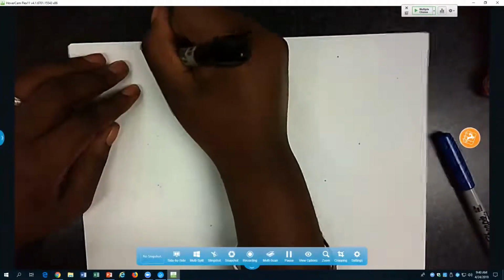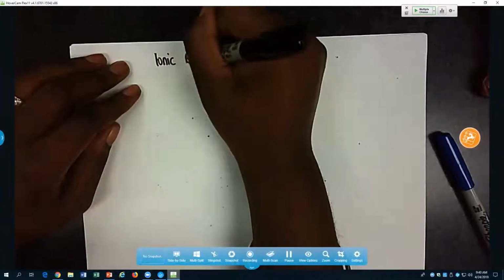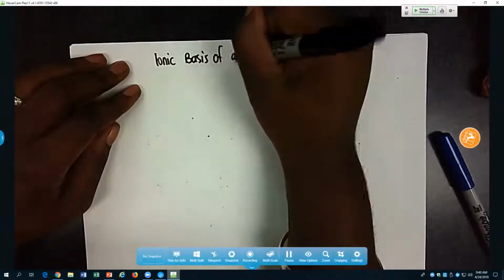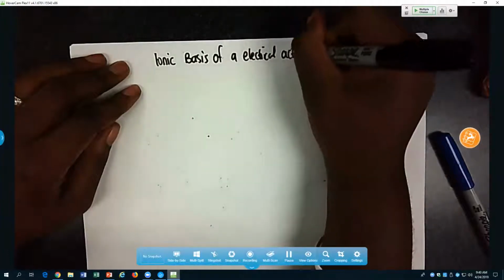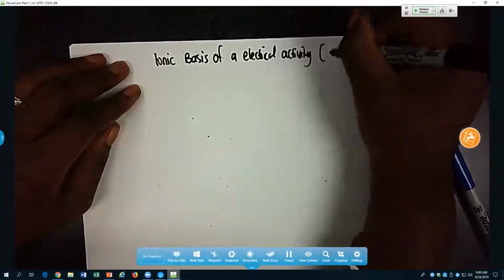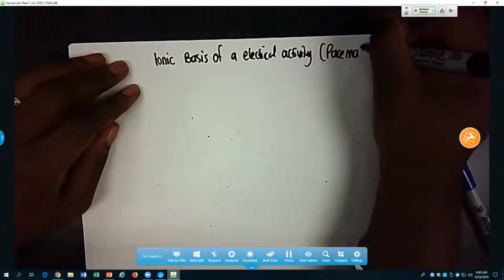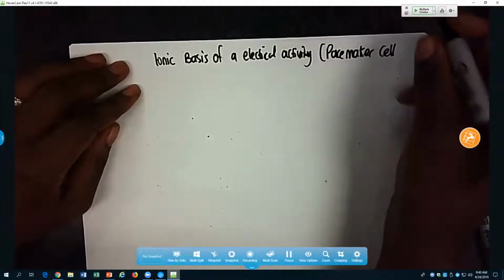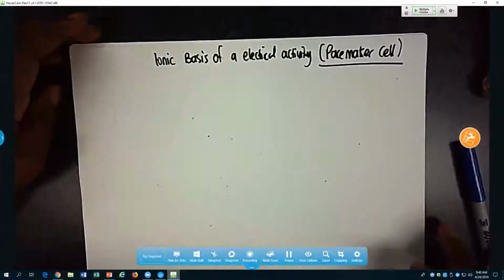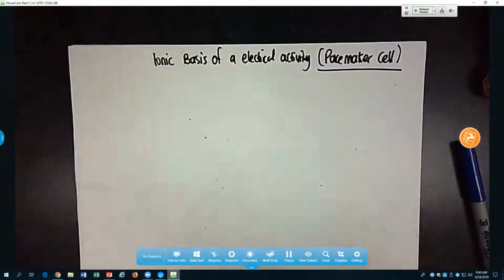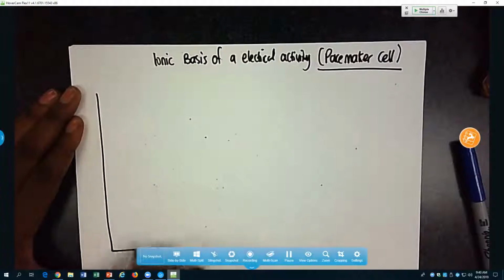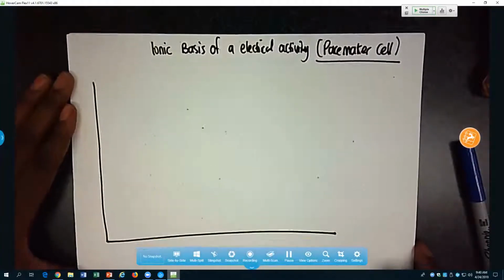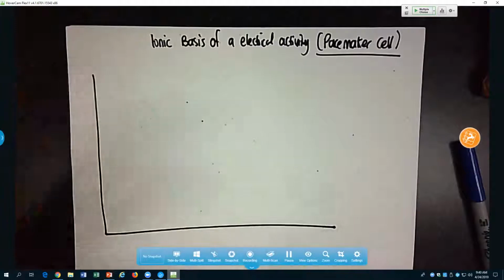So we're going to talk about the ionic basis of a pacemaker. All right, so the ionic basis of the electrical activity for a pacemaker cell. This is specific to a pacemaker cell. Okay, I'm going to keep saying that because some students tend to confuse these two types of cells. We have pacemaker cells, we have contractile cells, right?